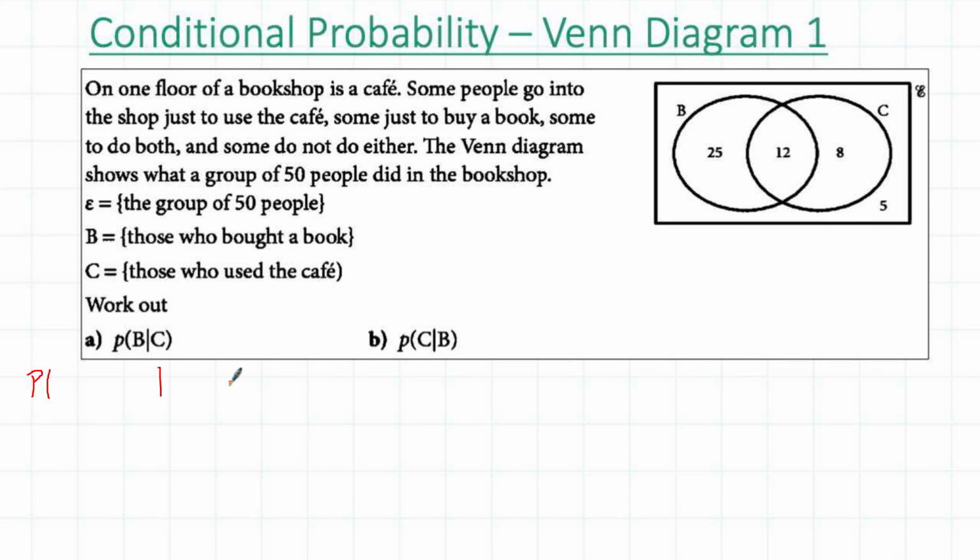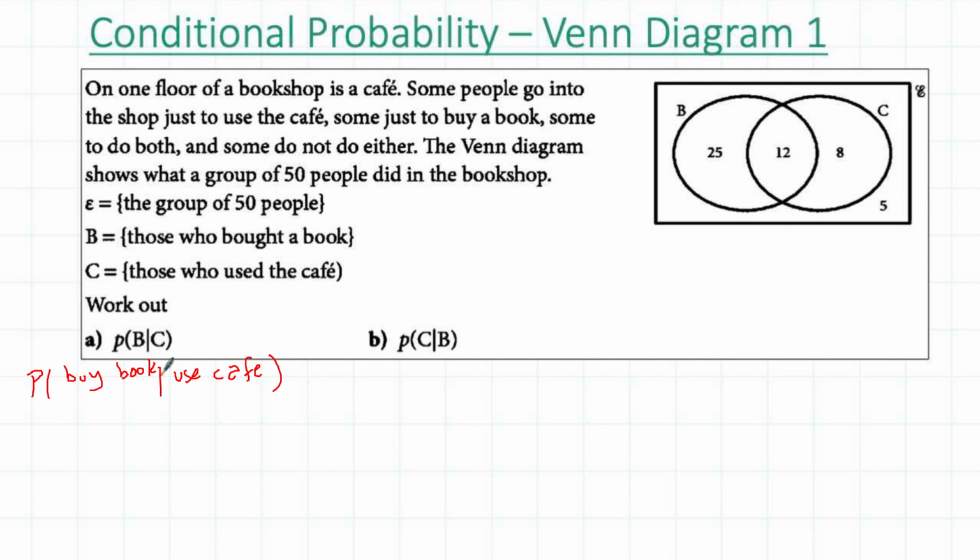They're telling me, given that someone is using the cafe, so I know I need to write it on this side, using the cafe, what's the probability that they also bought a book?